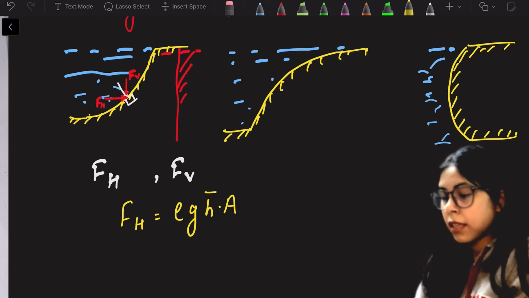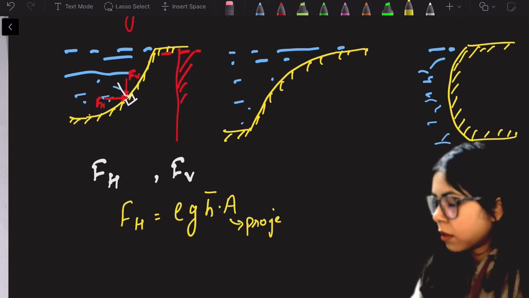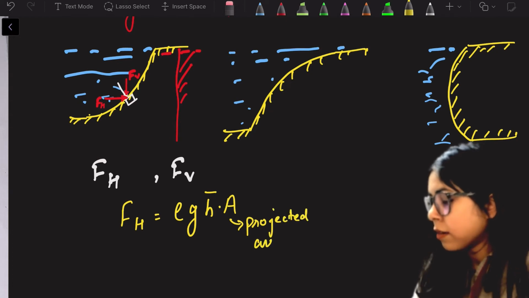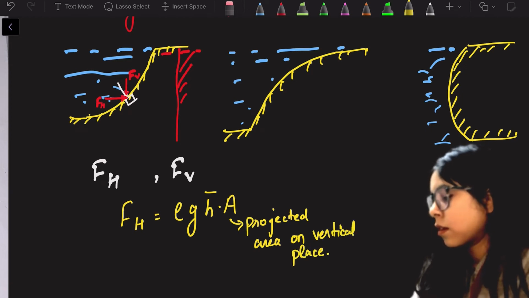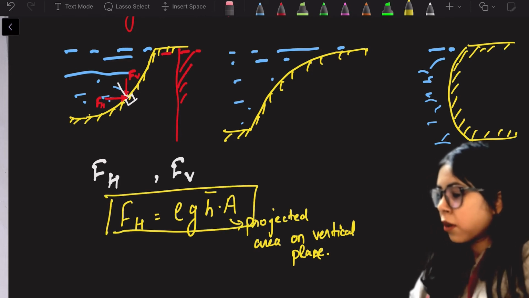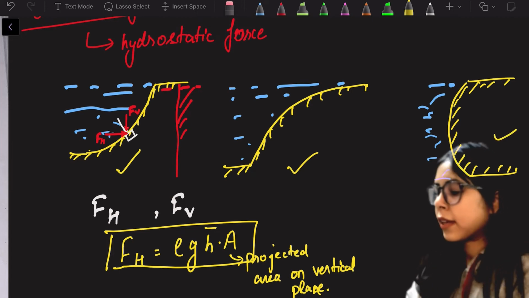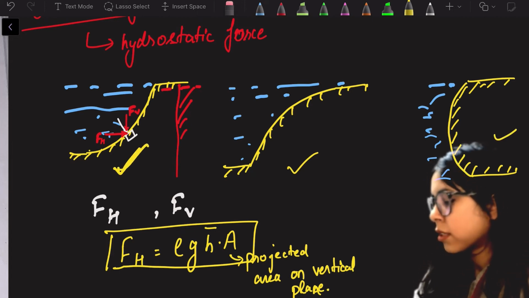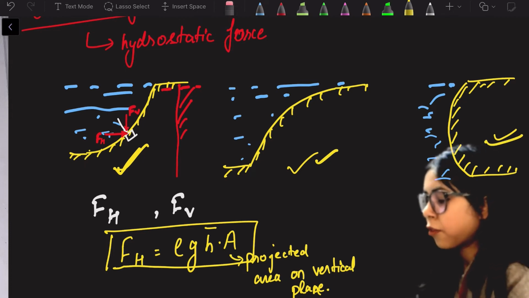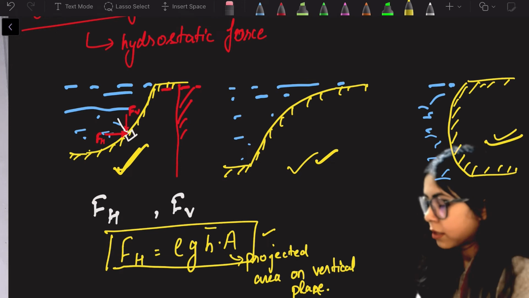A is the projected area on the vertical plane. So this horizontal force concept works for all these three types of bodies. The horizontal force will be the same for this as well, this as well, this as well. With the same formula we can calculate, but for vertical forces it changes.